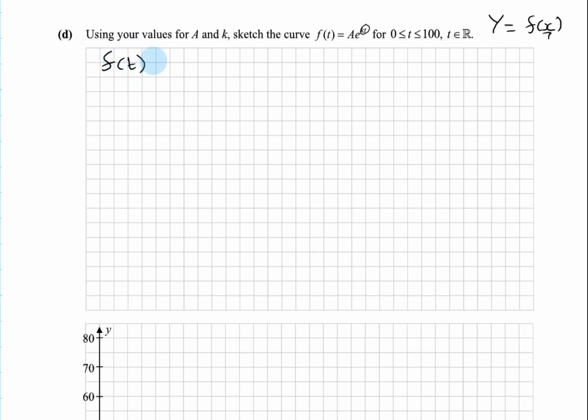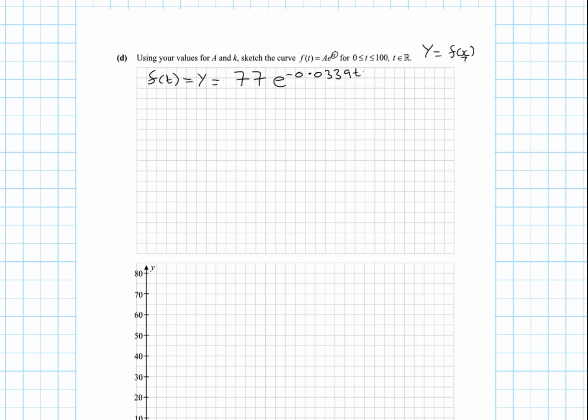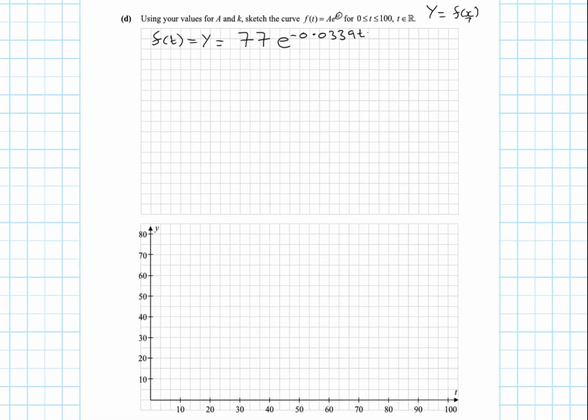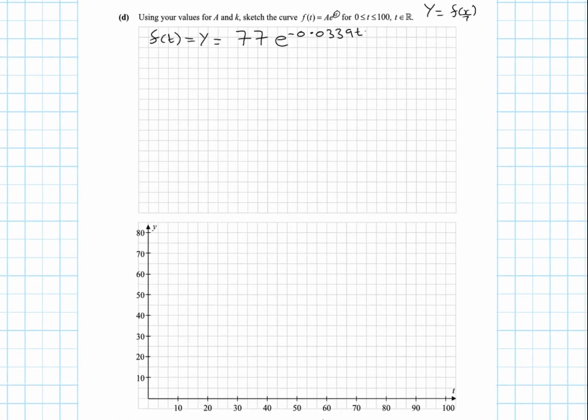So it's the same thing as y, and that equals 77e to the power of minus 0.0339t. So if I just zoom out slightly, we have this graph here. y is the difference in temperature and t is time.